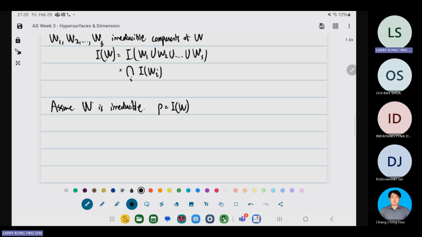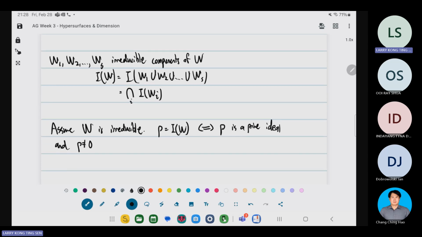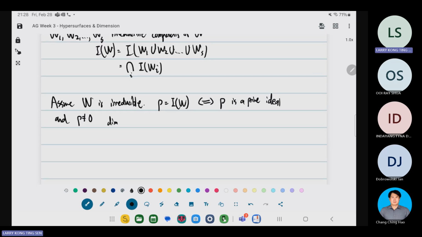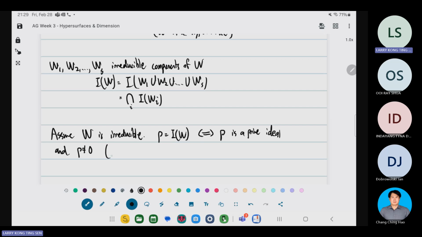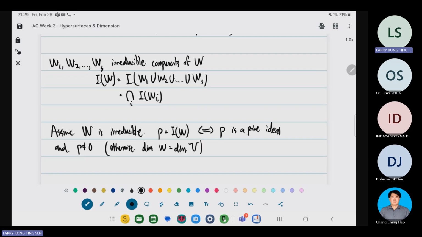All right, and we put P equal to I(W) here. Of course, since W itself is irreducible, this means that P is a prime ideal, and P is not the zero ideal, because this would otherwise contradict the fact that dimension of W equals dimension of V, even though one is n-1 and one is n.